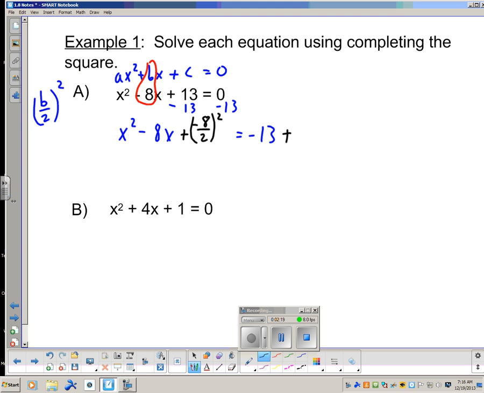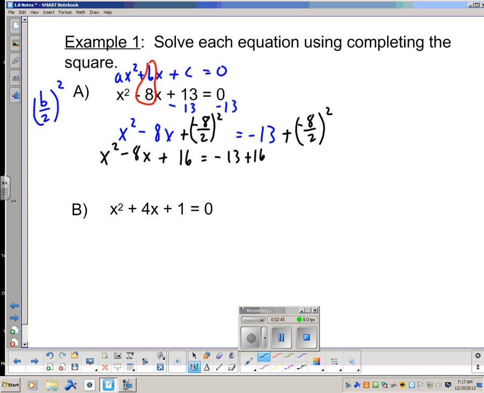You're always going to do that. Whatever your b value is, you're going to divide by 2, square it, and add to both sides. So now let's clean that up and figure out what -8 divided by 2 squared is. -8 divided by 2 is -4, and if you square it, you get 16. So we're really adding 16 to both sides.